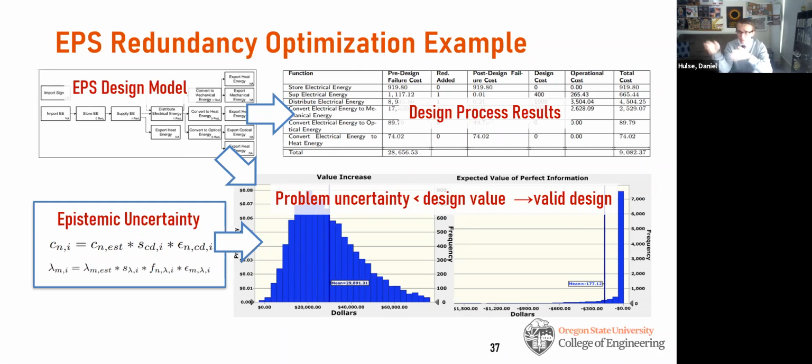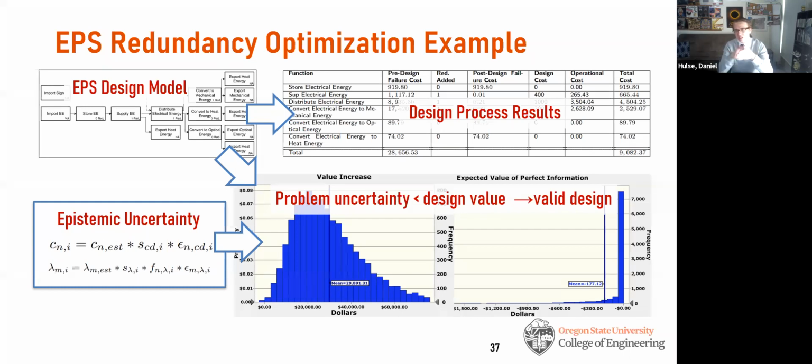we were able to determine that we passed these tests because, one, the design did not change over the space of uncertainty. Two, the increase in design value was very high, in comparison with everything else, even over the space of uncertainty.